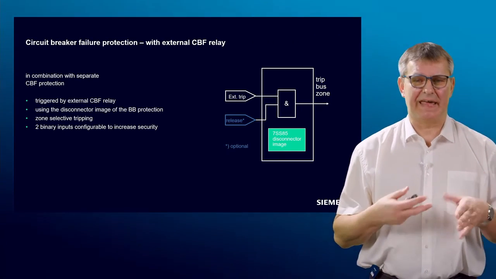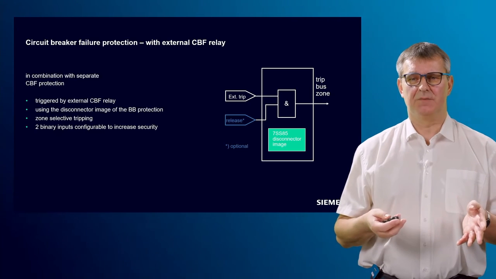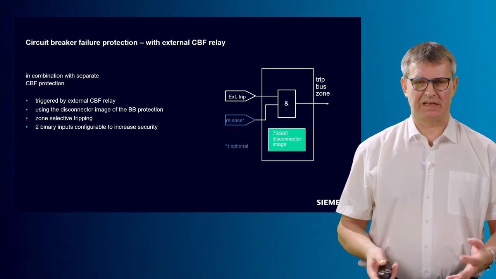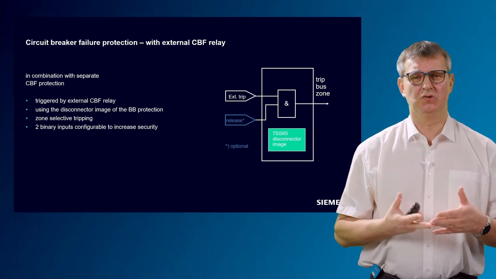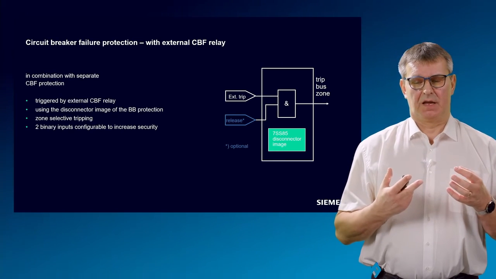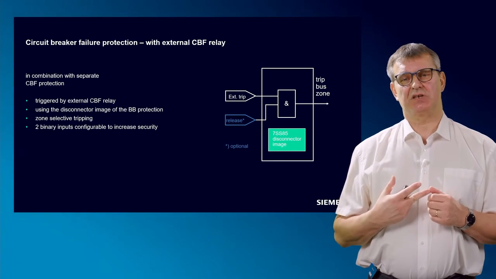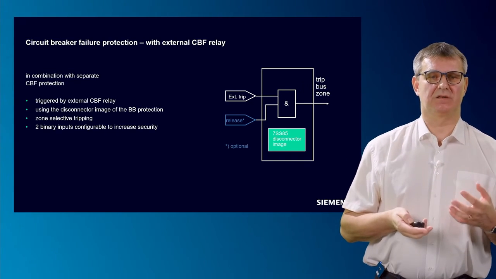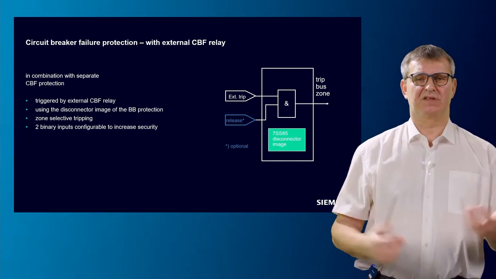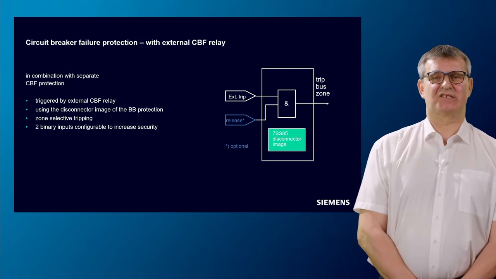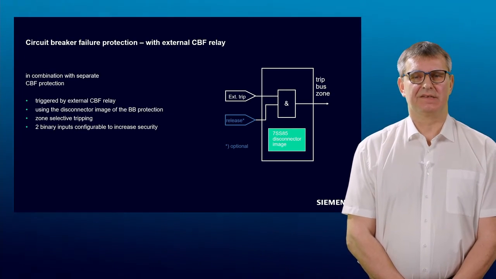This is all handled in an external device. And when it's finished, they only want to use the disconnector image of a busbar protection device to trip the associated bus zone. And therefore we have this functionality of the external trip in the circuit breaker failure protection.